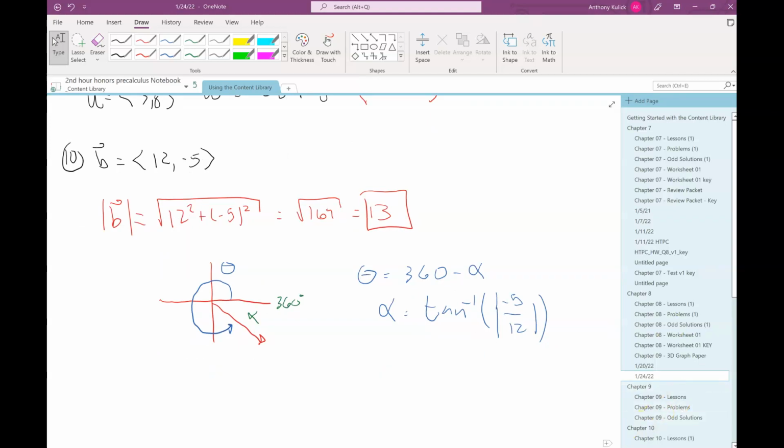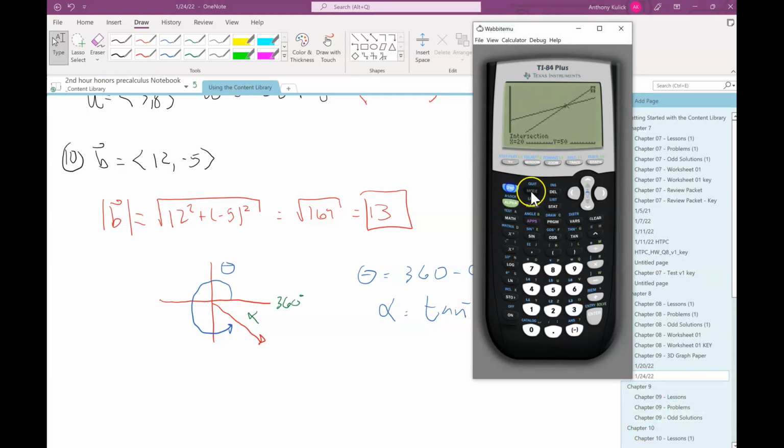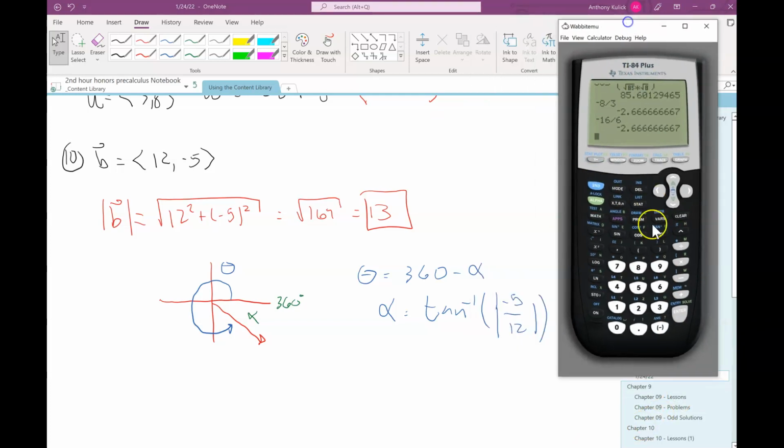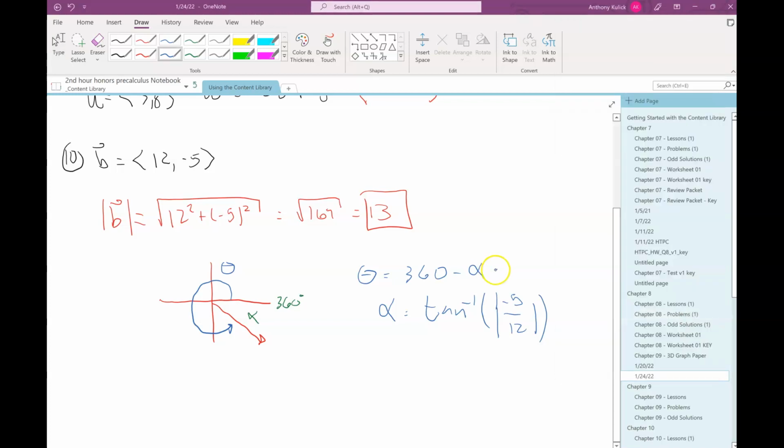And now it's calculator time. 360 minus tan inverse. And I'm not going to do the absolute values on the calculator. I'm just going to do that part in my head. So I get 337.38. Okay, thank you. You're welcome.